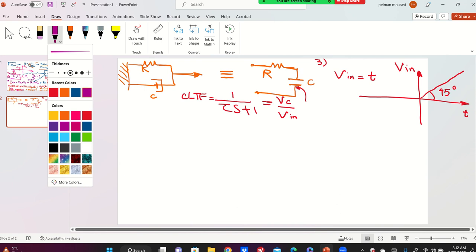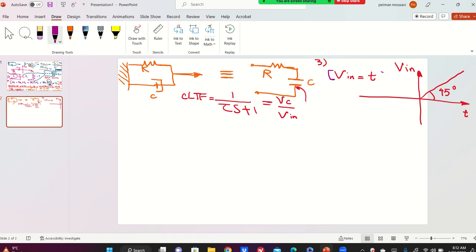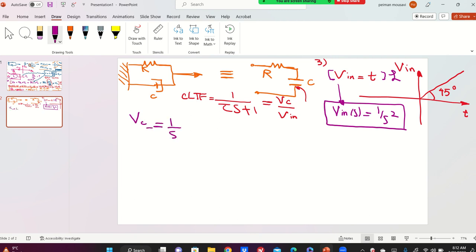So having that, we know that the Laplace of this, from whatever I taught you, is 1 over s squared. So you're going to have VC equal to 1 over s squared times 1 over tau s plus 1, because I want to see what the voltage of the capacitor is when I apply the ramp voltage.